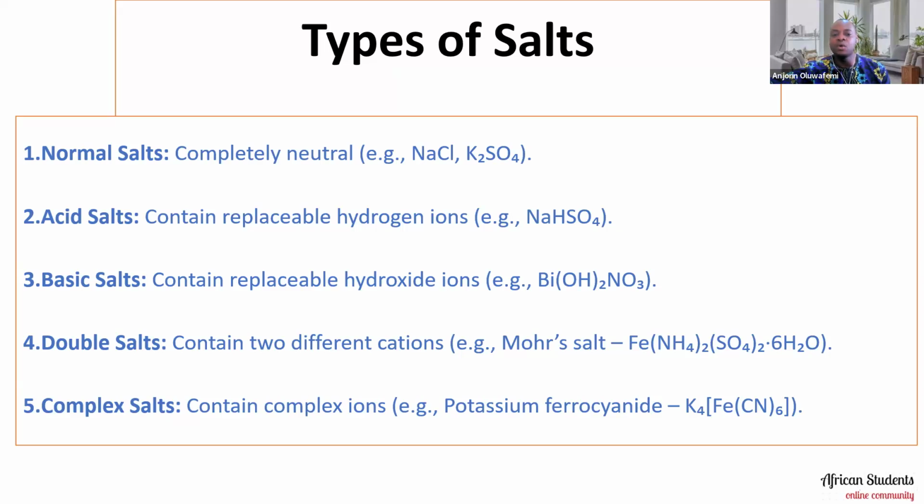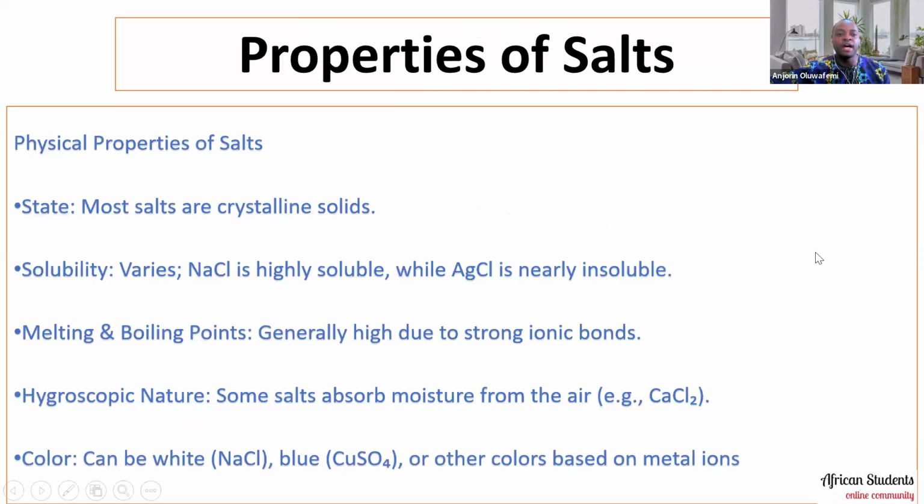Then we have acid salts, which contain replaceable hydrogen atoms, e.g. sodium hydrogen sulfate. Then we have basic salts, which contain replaceable hydroxide ions, like bismuth hydroxide nitrate. Then we have double salts, which contain two different cations, and complex salts, which contain a complex ion, like potassium ferrocyanide and so on. So these are the different types of salts that we have.